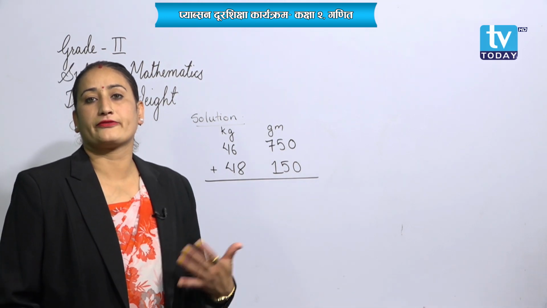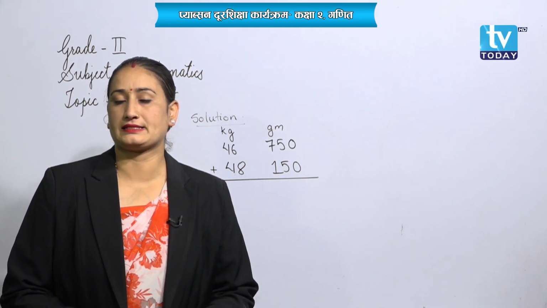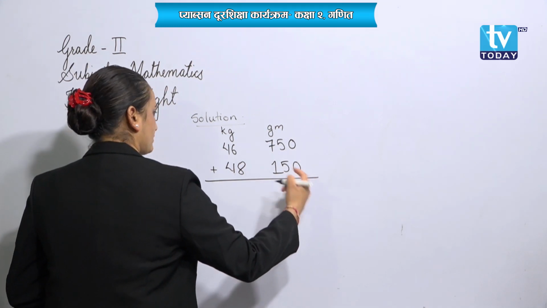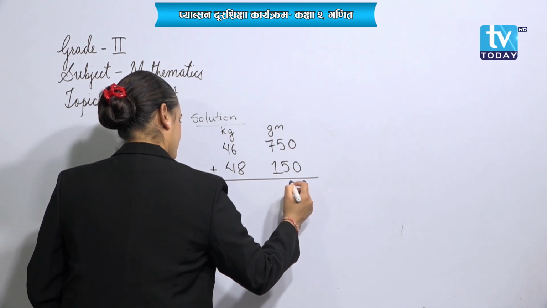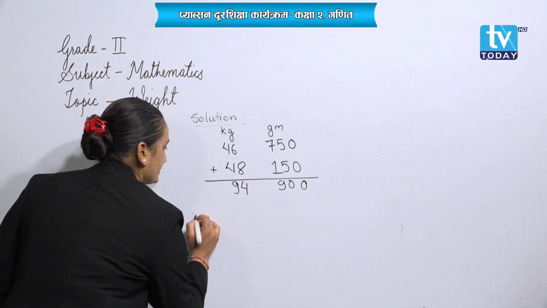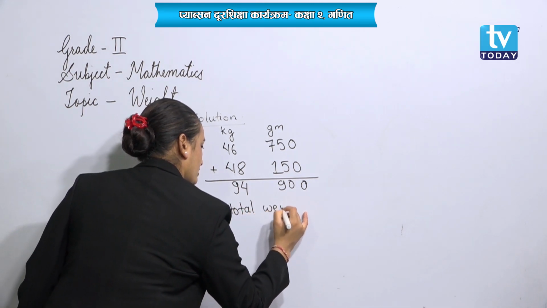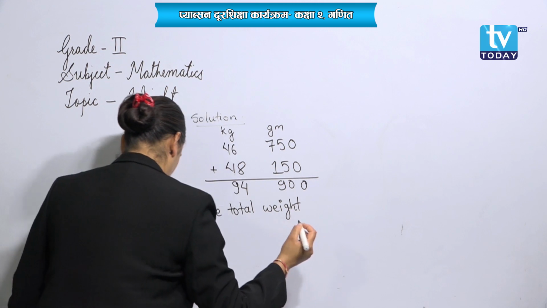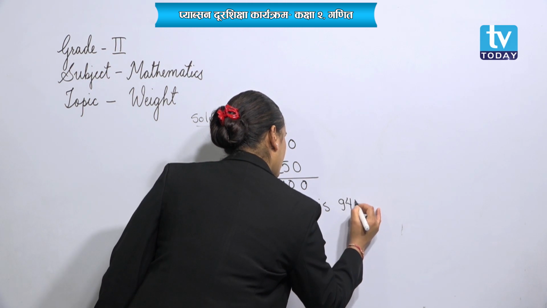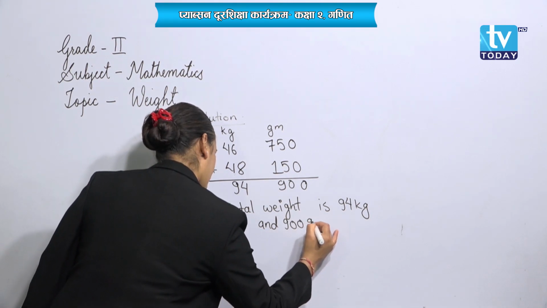Okay, now for finding out the total weight, we need to add both of their weights. Let's add it first. Okay, when we add, the answer will be, therefore, we can write it, the total weight is 94 kg and 900 gram.